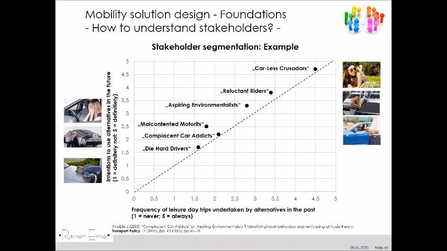And these exactly are then the user groups you have to address by addressing their special needs, and offering them good alternatives which point directly to the pain points they have in using their own cars. And this is the marketing approach to mobility solutions.